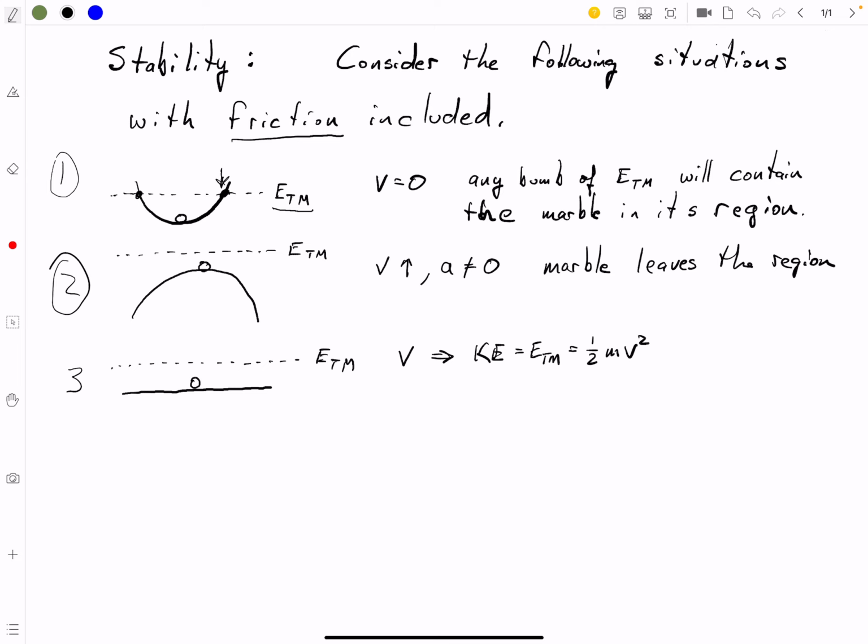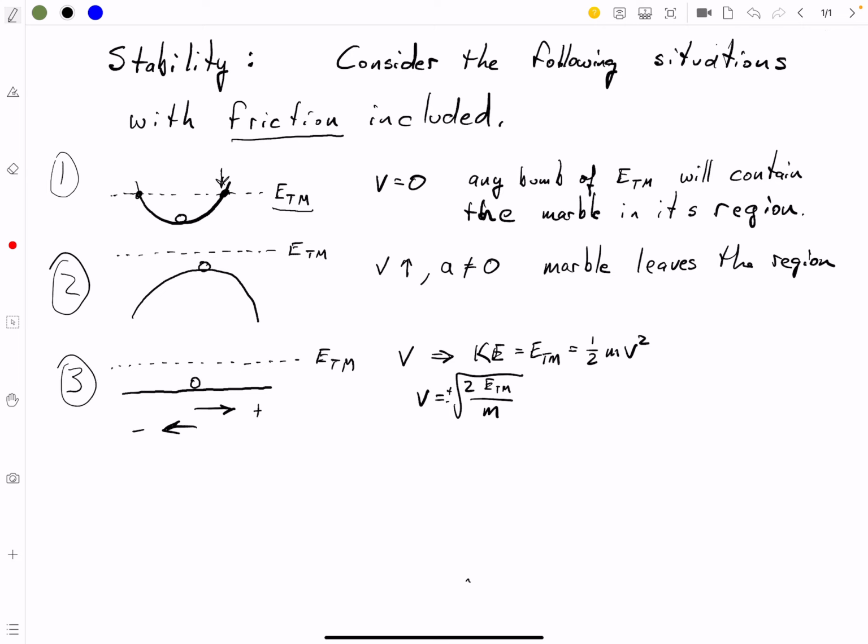So we could figure out what that velocity is by saying that v equals the square root of 2E_TM over m. And then, of course, it's plus or minus, because if we bump it in the positive direction, it would go positive. And if we were to bump it in the negative direction, it would go negative.